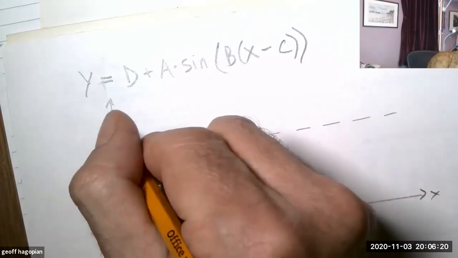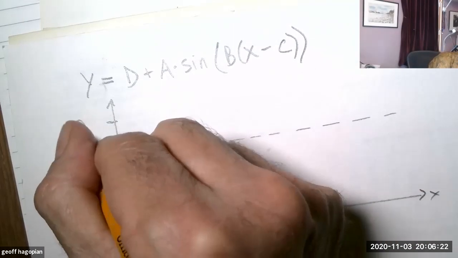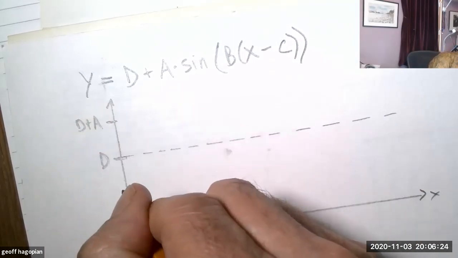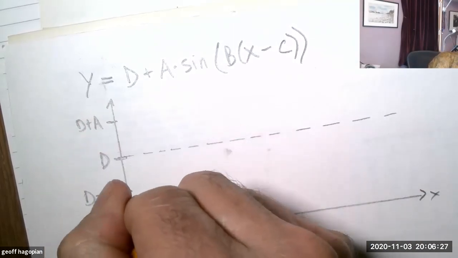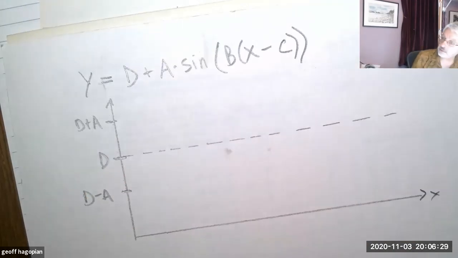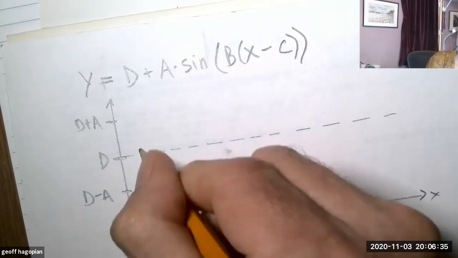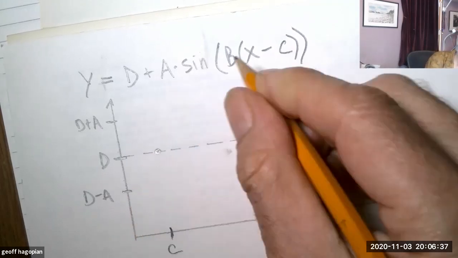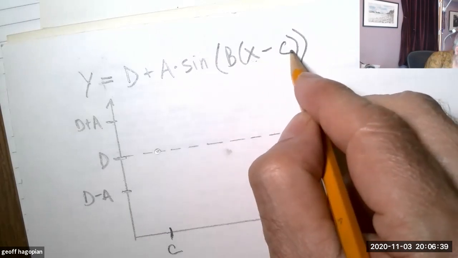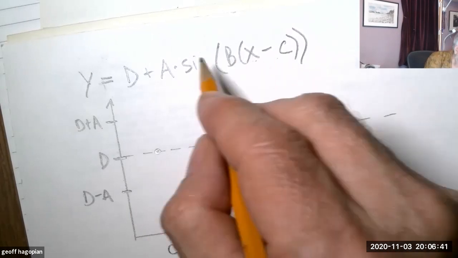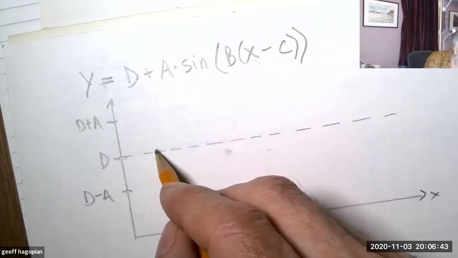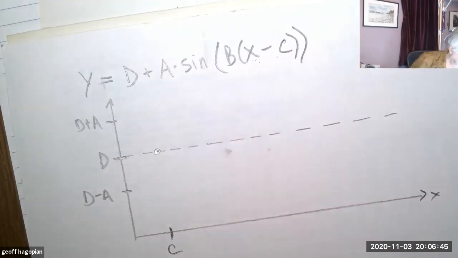So that means we're going to go up A from the equilibrium and down A from the equilibrium, right? So that's going to be the extremes, the trough and peak positions, right?